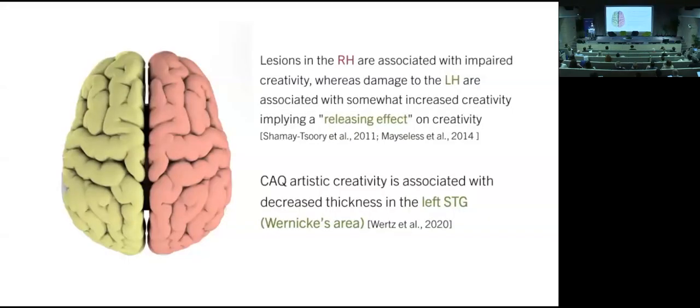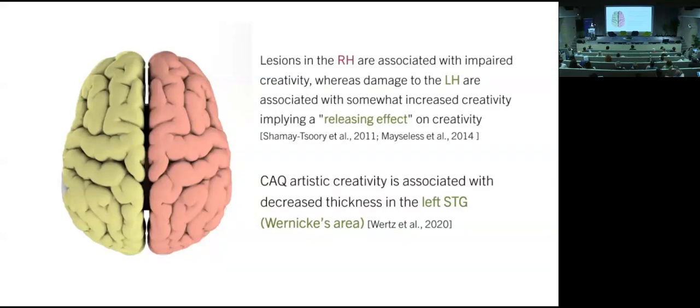If we look in the literature of hemispheric differences in creativity in general, we do find that lesions to the right hemisphere are associated with impaired creativity, whereas damage to the left hemisphere tends to be associated with somewhat increased creativity, implying what people call a releasing effect on creativity.